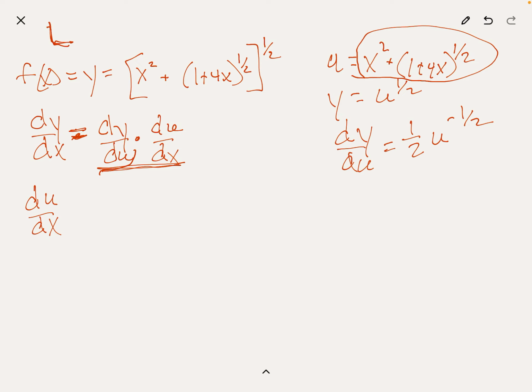Well, I want to find a simpler expression for u. So we're going to let u equal v plus w, where v equals x squared and w equals (1 plus 4x) to the 1/2.